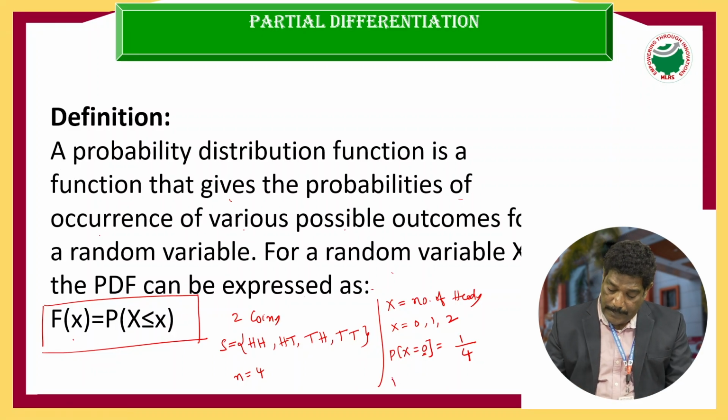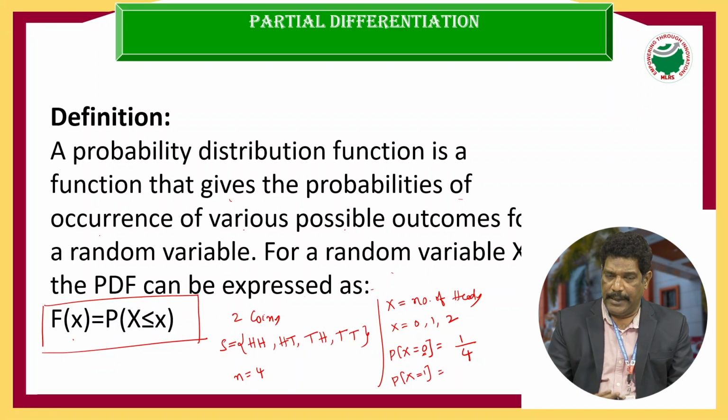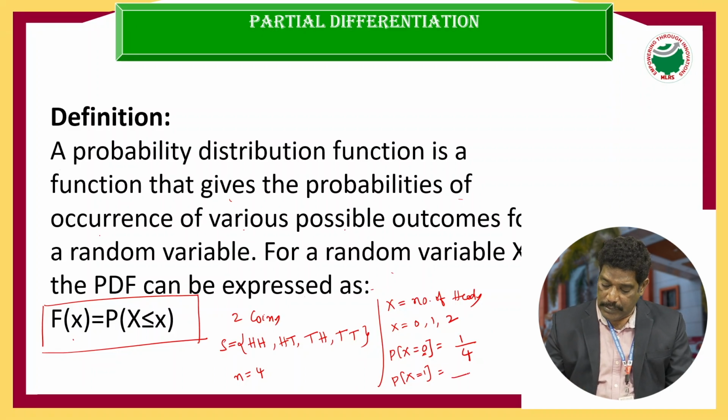And probability of x equals 1 means how many times are we getting one head? Out of 4 times, 2 times: here we got one head, and here also one head. So 2 out of 4.